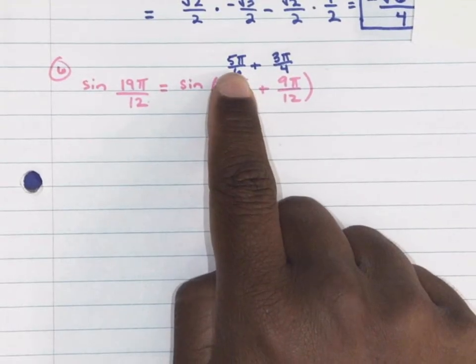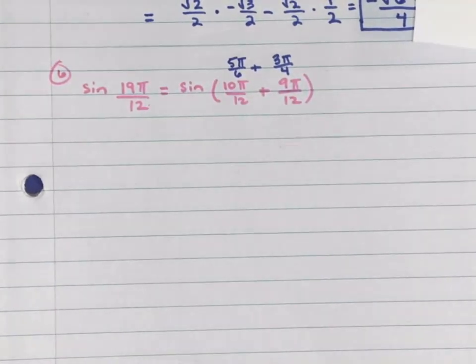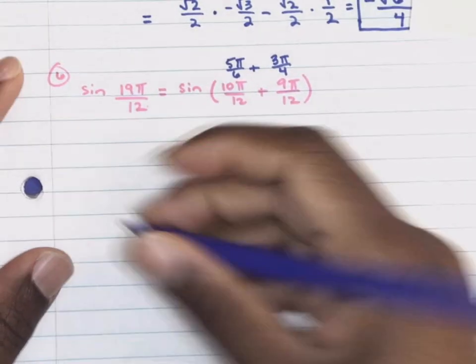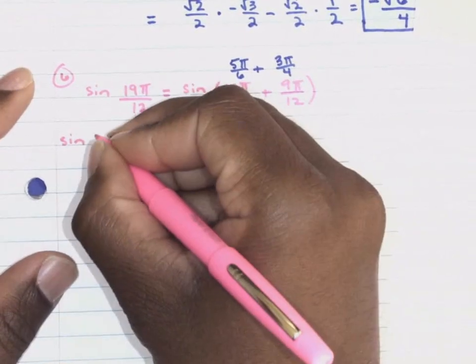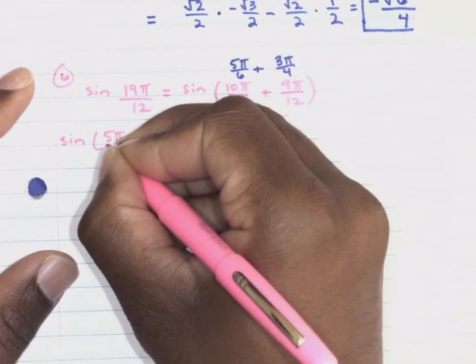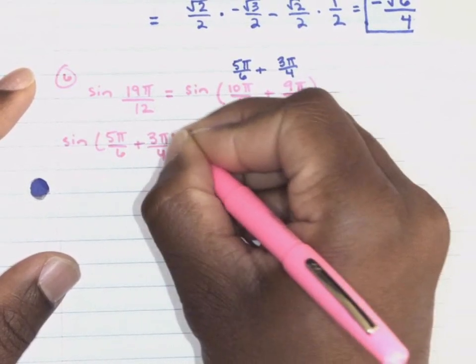Or you say 150 plus 135. All right, so this time we're doing the sum formula, and we're doing sine of 5 pi over 6 plus 3 pi over 4.